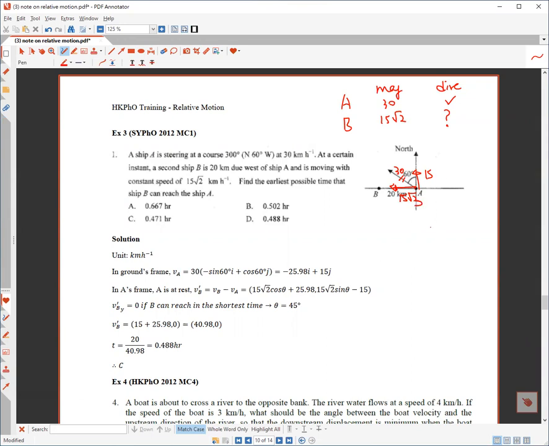So why do I need to decompose it like this? Because if the speed of ship B is less than 15, then ship B can never meet or reach ship A. When they reach each other, they have the same x and y coordinates at that time.